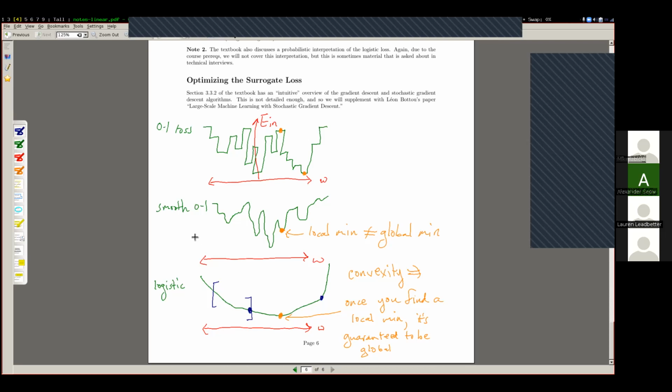The reason I chose this textbook is because it's really the only textbook that has an approachable introduction to the VC dimension stuff at an undergraduate level, not at a master's or PhD level. So that's why we chose it. But then we'll have to supplement our discussions about optimization a little bit.